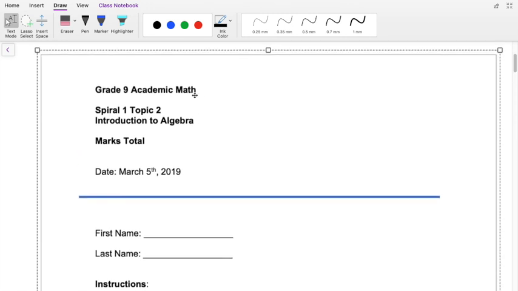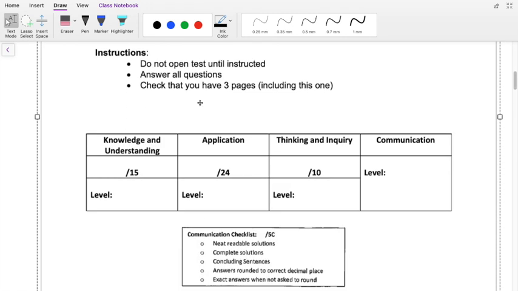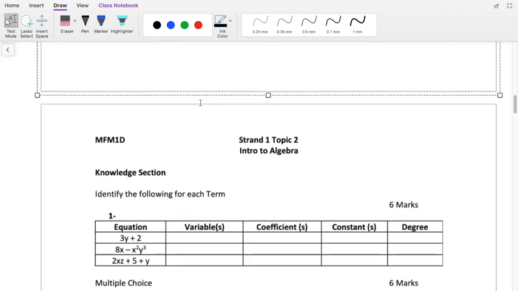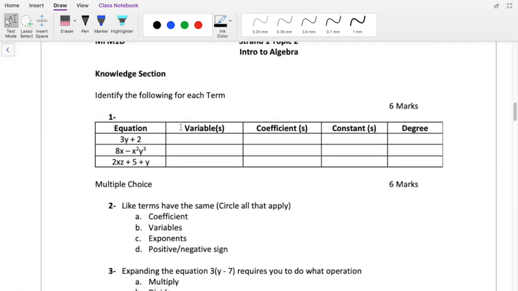Okay, now I'm going to take up Spiral 1 Topic 2 test. So, we're looking here. Variables. Variables are the letters, and the coefficient is the number in front of the letters. So in this case, our variable is y, and the coefficient is 3.